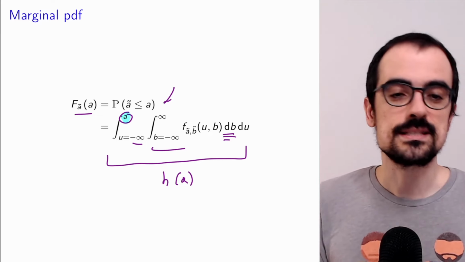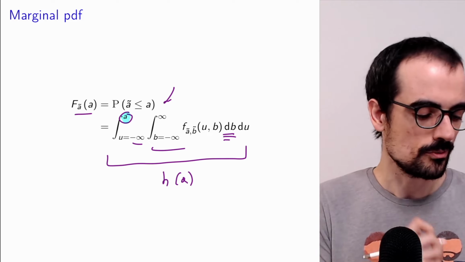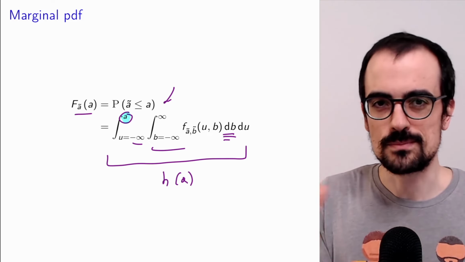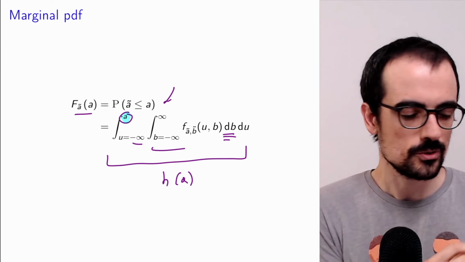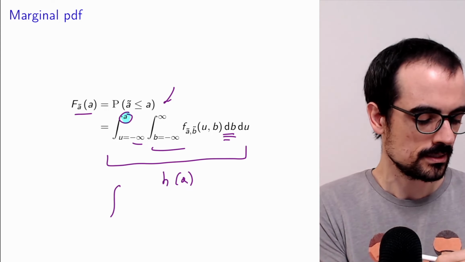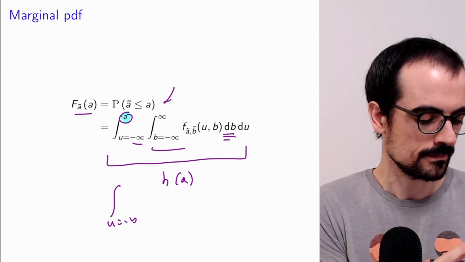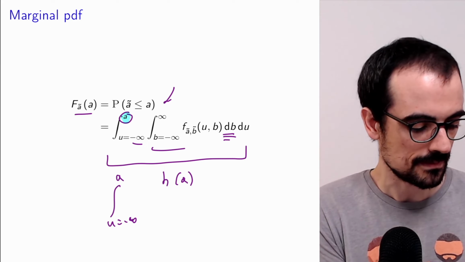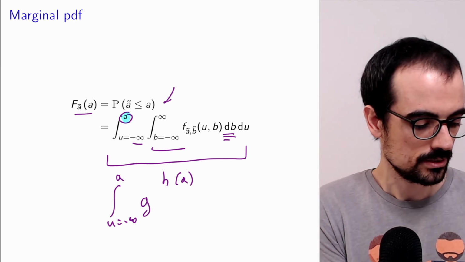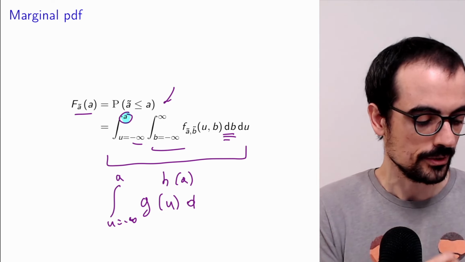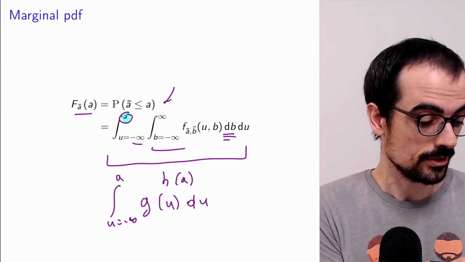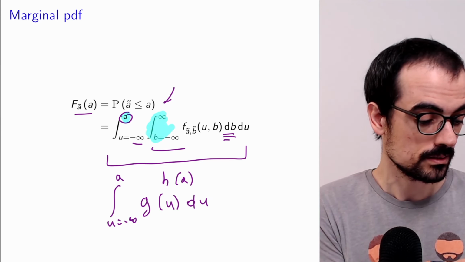So now, what is the derivative of this quantity with respect to a? Again, because of the presence of the integral, this might look a little bit confusing. You need to think about this as if it looked like an integral from -infinity to a of some function g of u du, which it is, if we set g of u to equal this part.